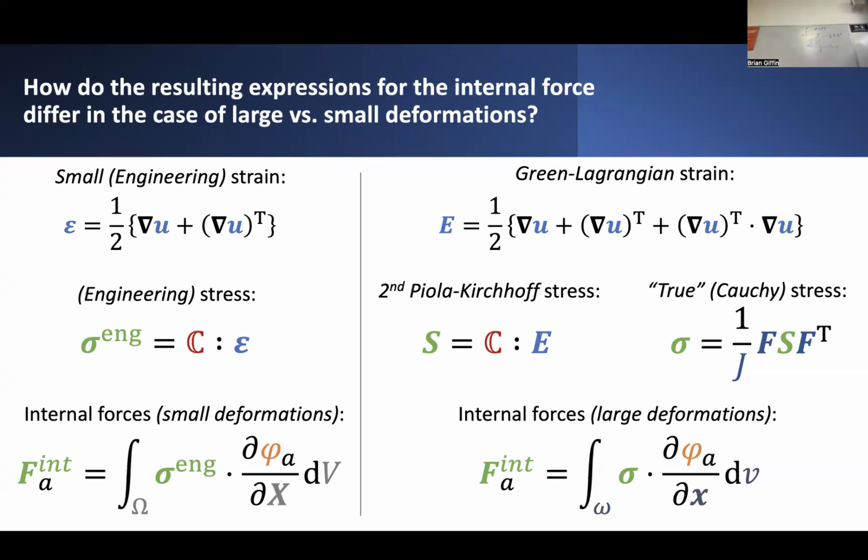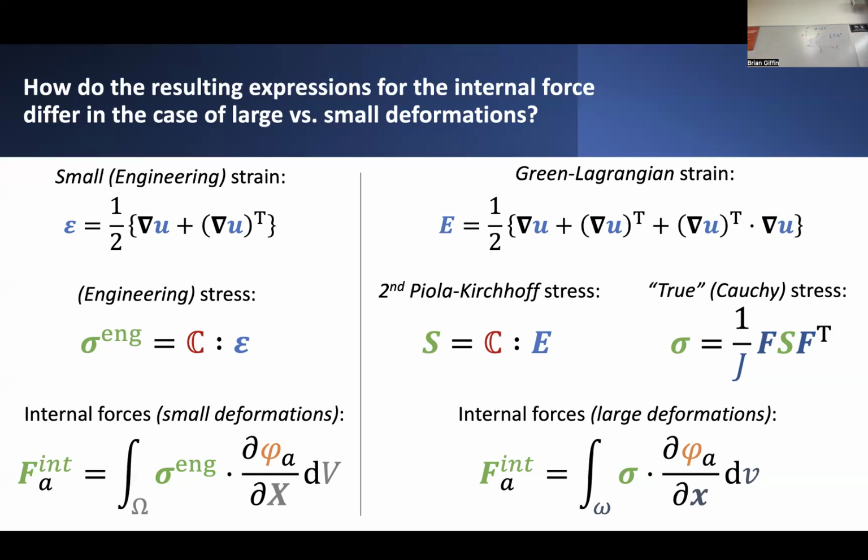The second point of difference is that these quantities, the derivatives of the shape functions, are taken, at least in the case of small deformations, relative to the undeformed configuration of the structure. In comparison, the derivatives we take for these nodal shape functions, in the case of large deformations, have to be taken with respect to the deformed coordinates of the structure. Very subtle distinction, but it makes a huge difference.